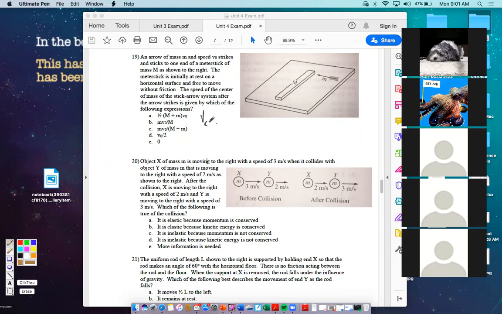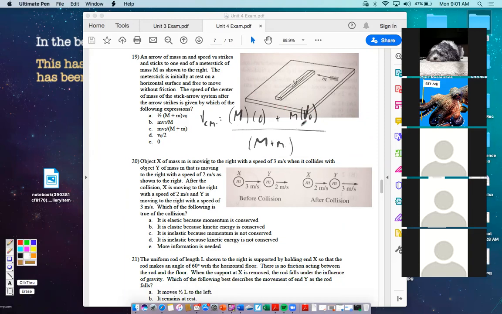The velocity of the center of mass is going to be equal to the mass of my first object times its velocity of 0, plus the mass of my second object, m, times its velocity, divided by the total mass. This just comes straight from the coordinate center of mass equation. And of course, I can replace the coordinates with velocities.